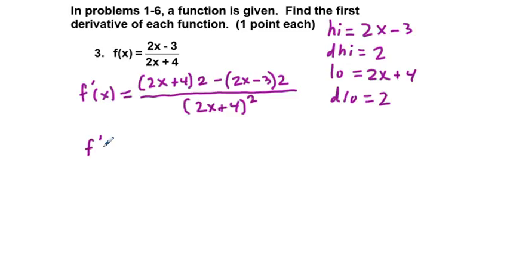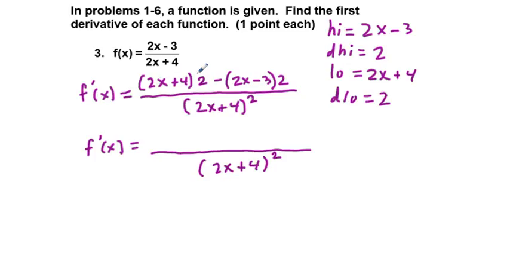And so we're going to go ahead and distribute that, and again, whatever we have in the numerator, it's going to be over the quantity 2x plus 4 squared in the denominator.